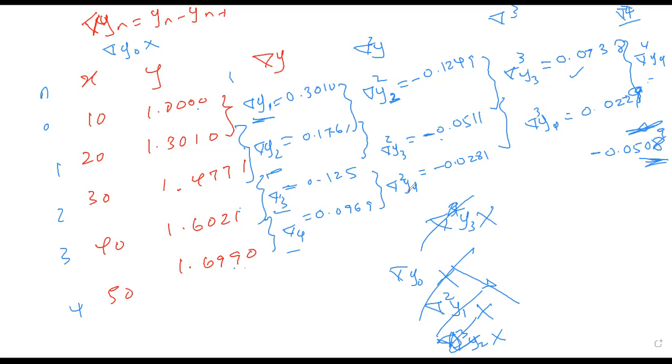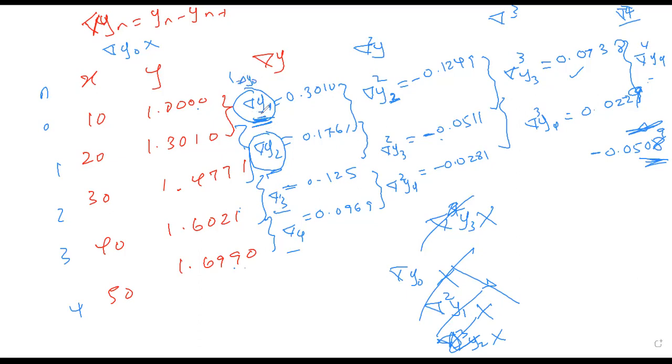Nabla is backward. I know. But what I'm meaning is here. Only thing is you have to be careful on this. Nabla is also the same way we are finding the differences. But in the forward one, we put y naught, isn't it?